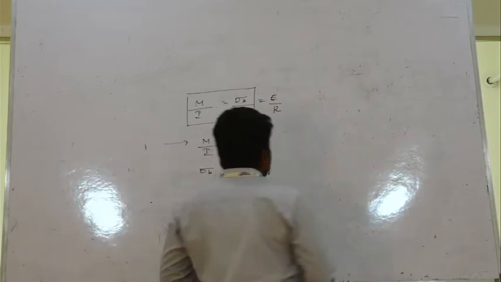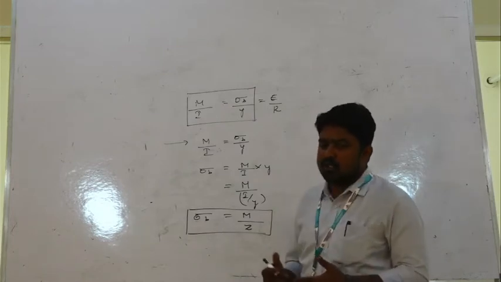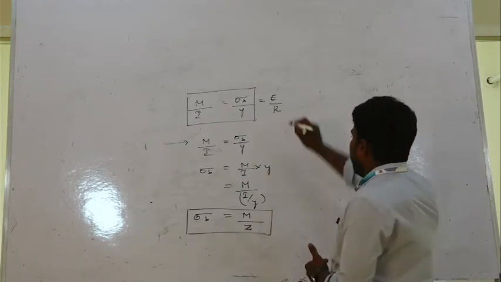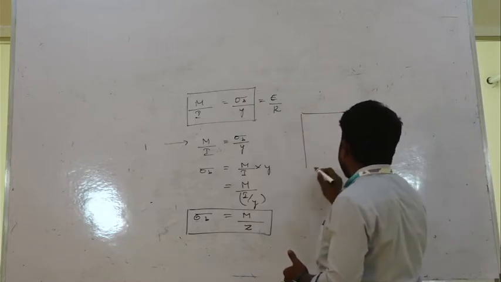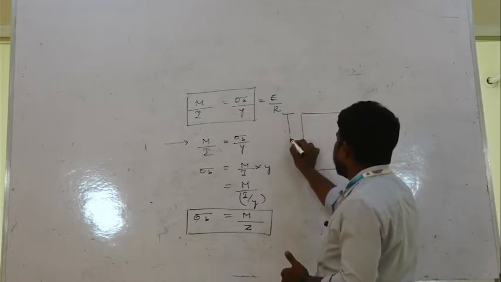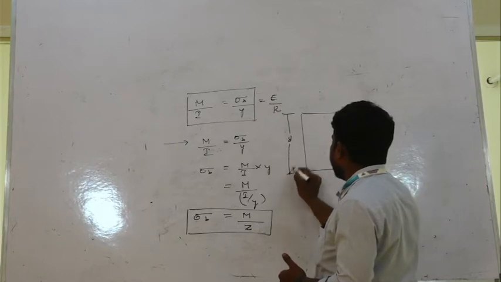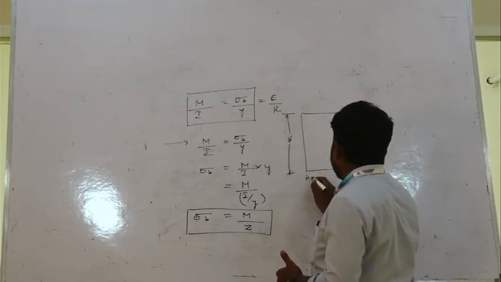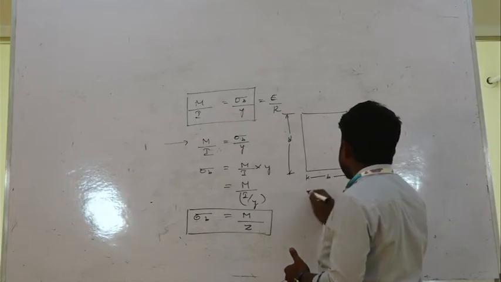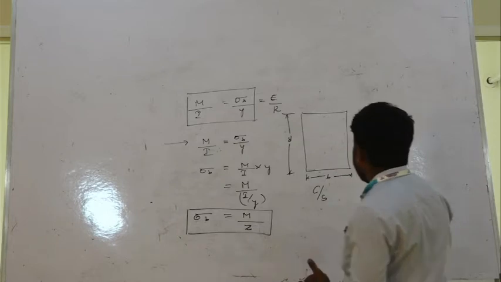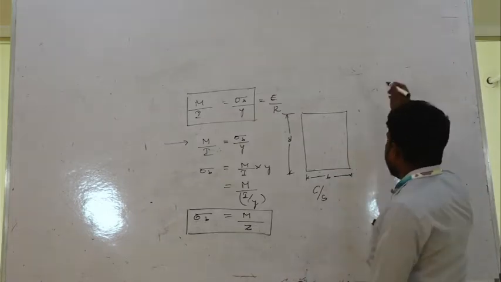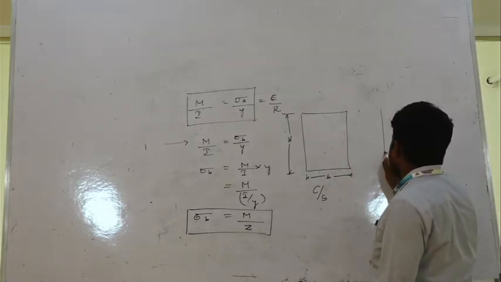Okay, then the stress distribution of bending. Same as before, take a rectangular section. This is the depth of the section and this is the width of the section. These are the cross section of the rectangular section. The stress distribution is like this.